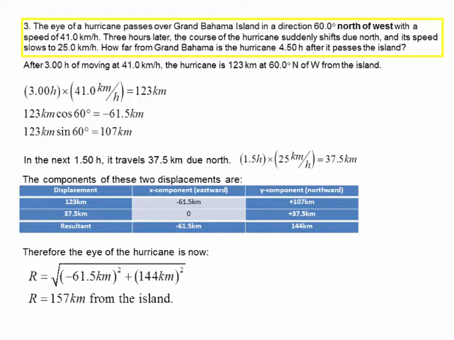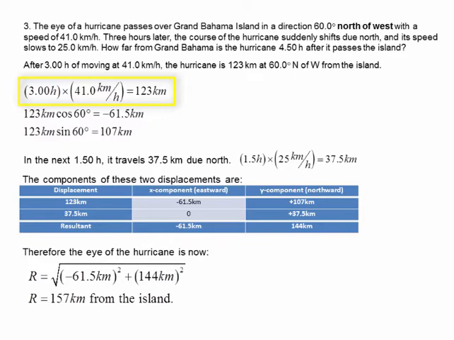So the first thing that we're going to look at here is the fact that after 3 hours of moving at 41 kilometers per hour, the hurricane is some distance north of west of the island. To calculate this, we take that 3-hour period of time and multiply it times the rate that the hurricane was moving.